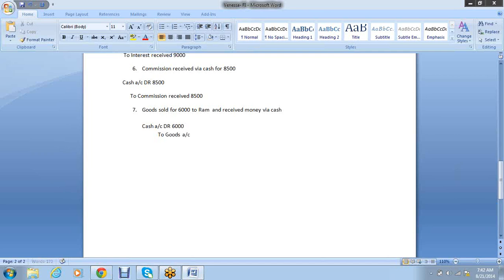So both are real accounts: what comes in, what goes out. Even though the Ram account is there, it is not required for me to remember Ram for this transaction, because whatever goods he is taking, he is making the payment. So my goods are going out, it is credited; cash is coming in, it is debited.